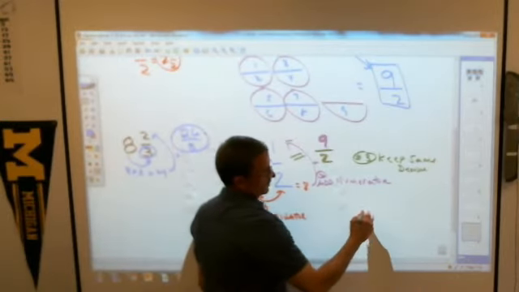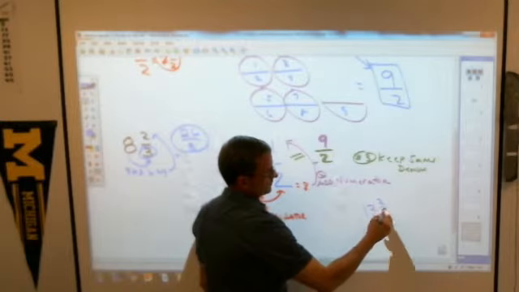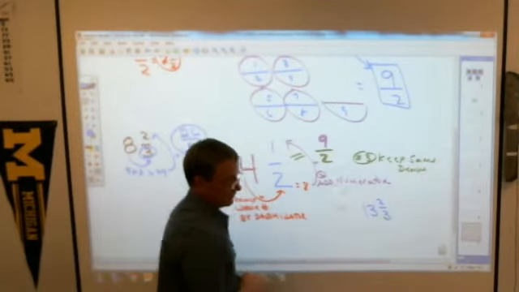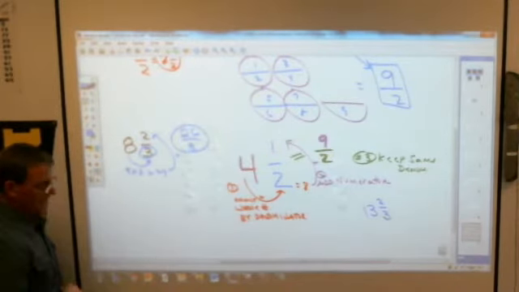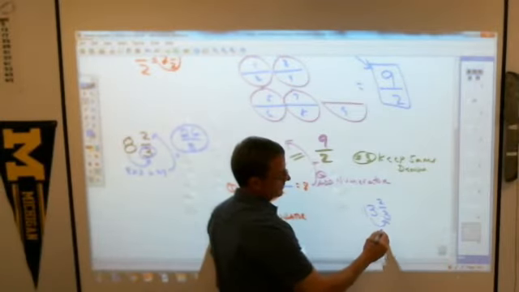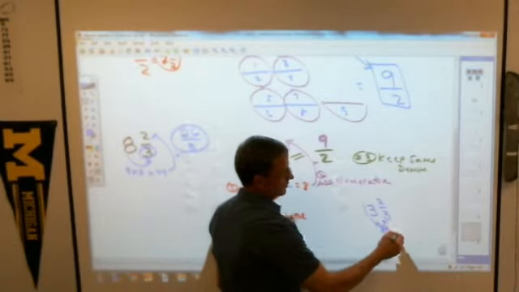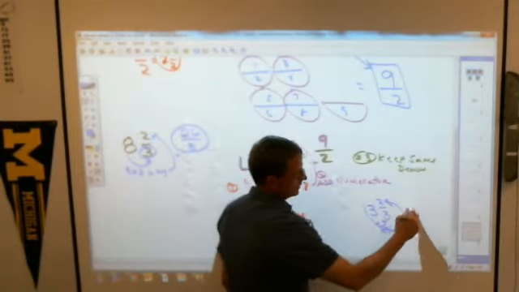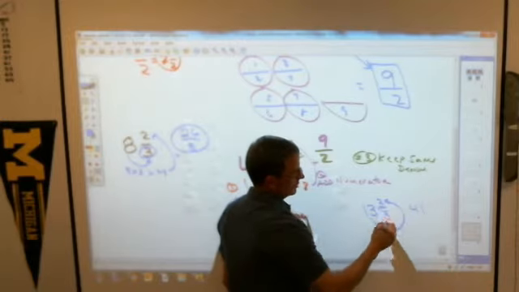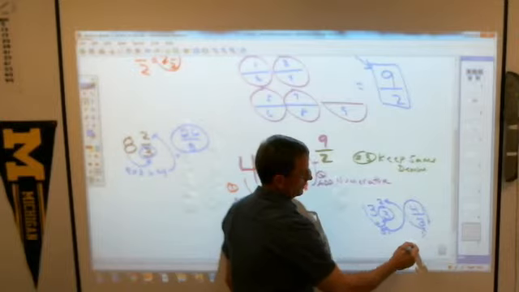What if it was, I don't know, 13 2/3? 13 2/3 as an improper fraction. Multiply 13 times 3, which is 39. Add the top, 39 plus a whopping 2 is 41, and make sure you keep the bottom number. 41 over 3.